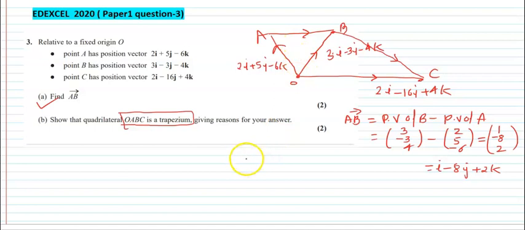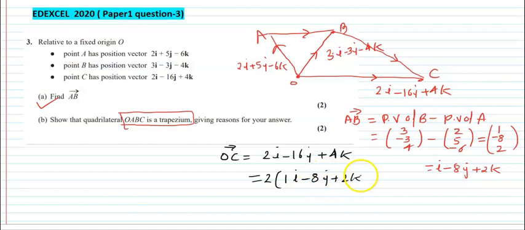If you see OC, it is given 2i minus 16j plus 4k. If you take 2 out, it should be 1i minus 8j plus 2k, and in column vector, you can write 1, minus 8 and 2.